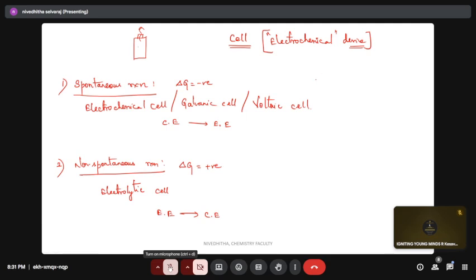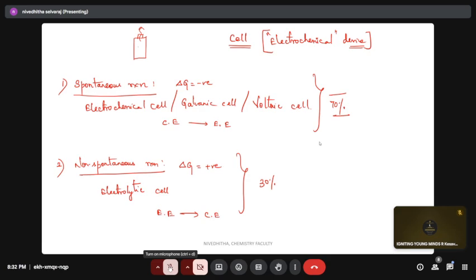In this chapter, 70% is about the electrochemical cell, and 30% is about the electrolytic cell. Definitely we can expect questions from both parts. We cannot say this is important and that is not, though the percentage of the electrolytic cell is very less. Even so, we can expect a question from it also.